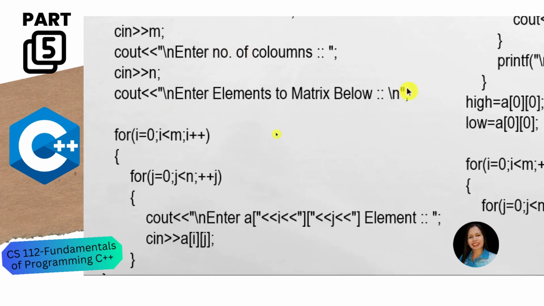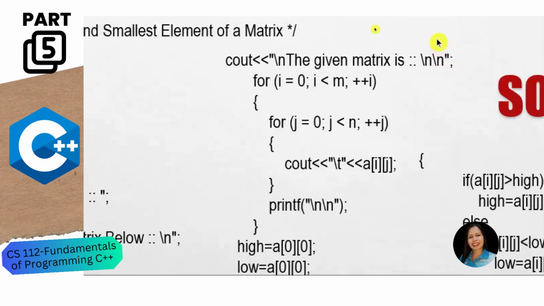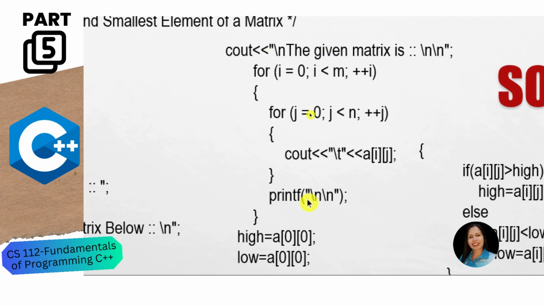Okay, so here, because we want to display the given matrix in a matrix format like a table, we need to create another for loop. This is the one that you had seen where it looks like a table, a spiral matrix, and we have this code.